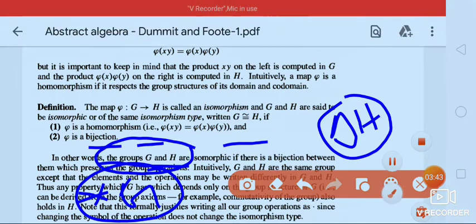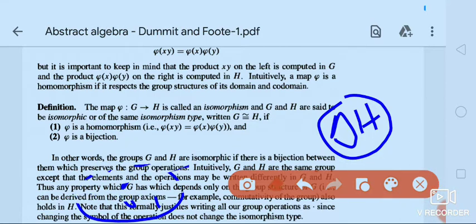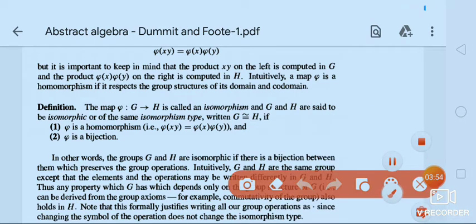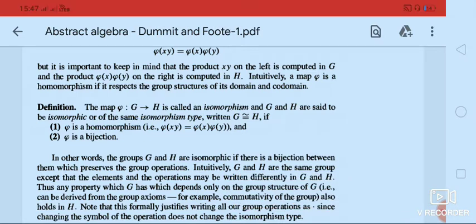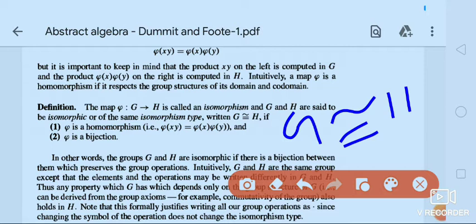Here pi is a mapping from G to H, called an isomorphism. G and H are then said to be isomorphic. We define isomorphism like this: pi is a homomorphism and a bijection.